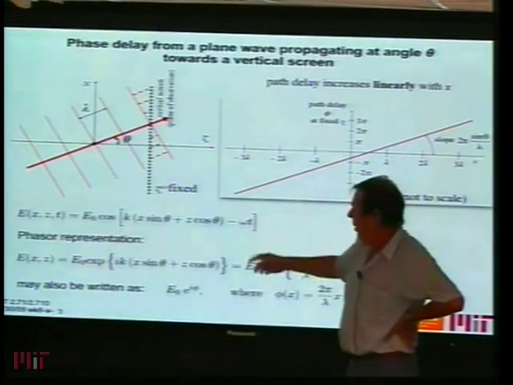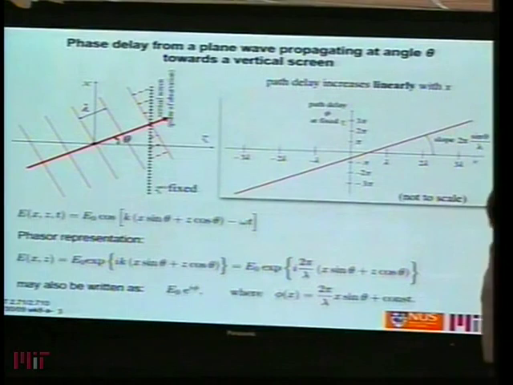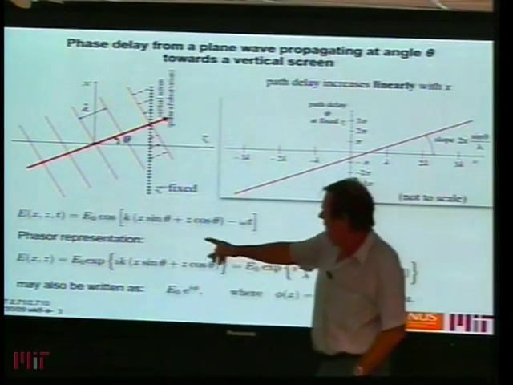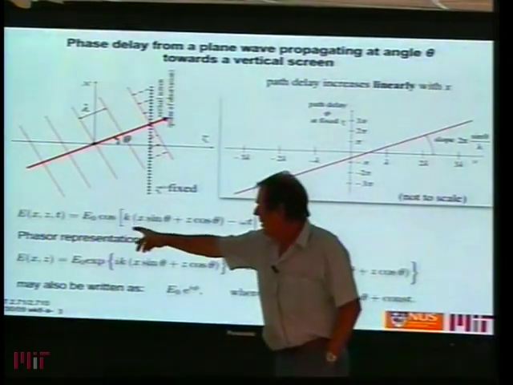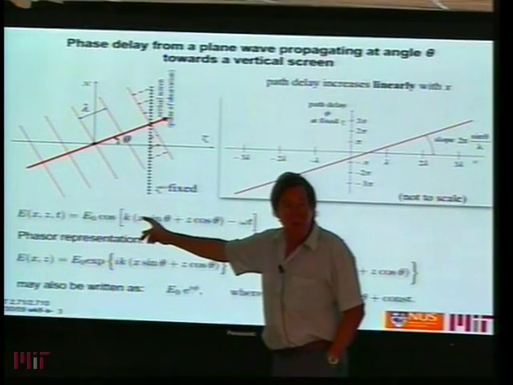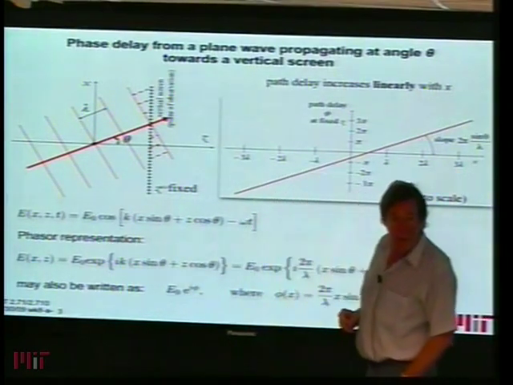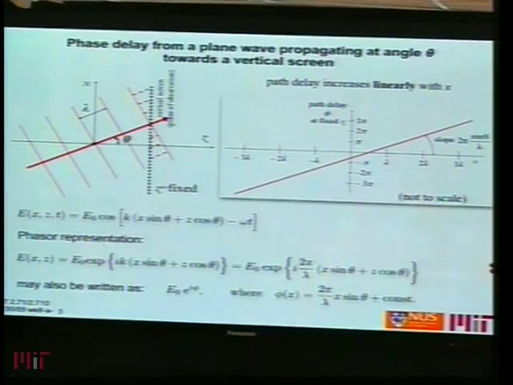So this is our wave, the same as the previous slide, but now the wave is moving at this angle theta to the axis. So we get this term. You remember we expressed this before as k dot r for a wave moving in general in a direction r.